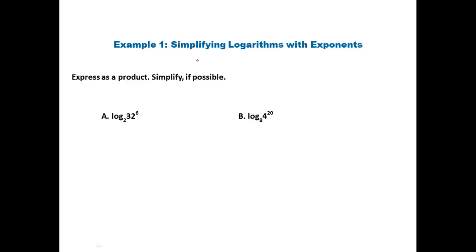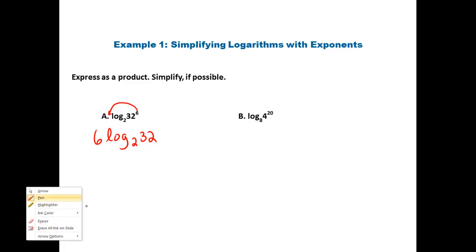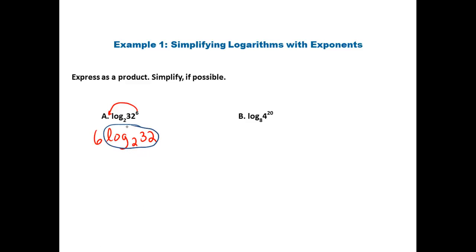Alright, so just a couple basic examples of our power property. Okay, so example 1, express as a product, simplify if possible. So express as a product means use our power rule. Alright, so for A, let's move this 6 out front. And then what we want to do is look at just the log and see if we can simplify this.